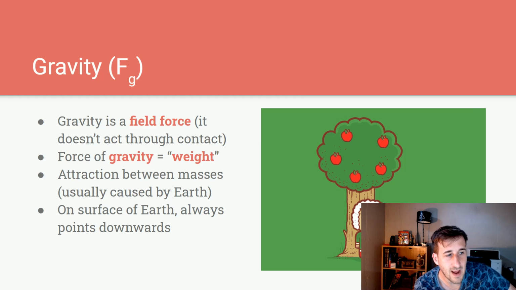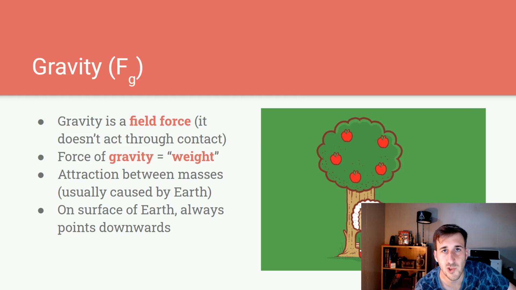Now, the force of gravity is also more commonly called weight. So if you're saying I weigh a certain amount, we're really talking about the amount that the Earth is pulling on you. There's also an attraction between all masses. That's really where gravity comes from.